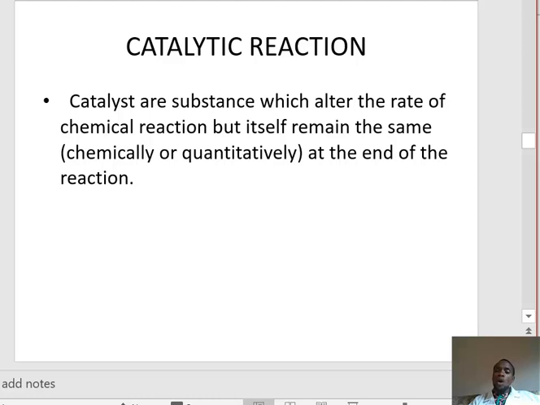Catalysts always alter the rate of reactions, meaning they can either increase or decrease the rate of reactions, depending on what type of catalyst it is. But at the end of the reactions, the catalysts remain unaltered, unchanged.